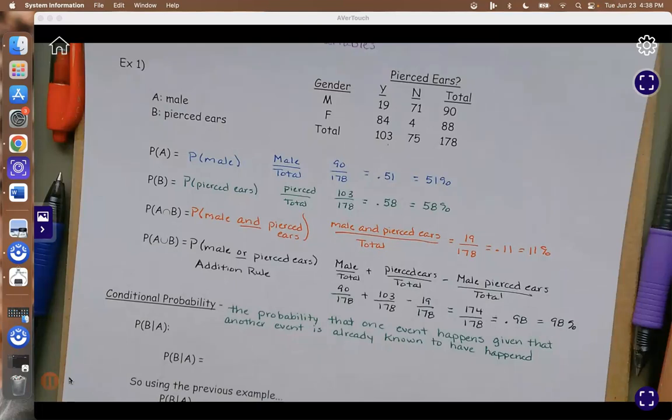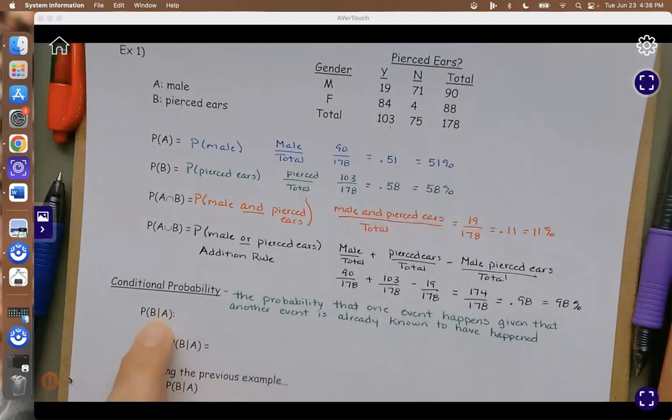Okay, so they're going to be written like this. The probability of B given that A has already happened.